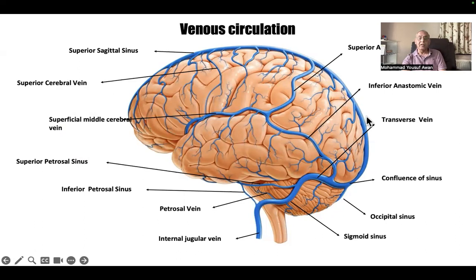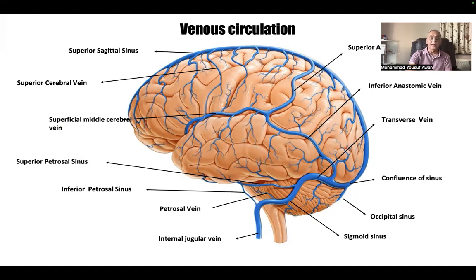So these are the veins which are draining blood from different parts of the brain, and if any vein is affected, that will affect the part of the brain being drained by it. Especially postpartum, thrombosis of the superior sagittal sinus is not an uncommon scenario.